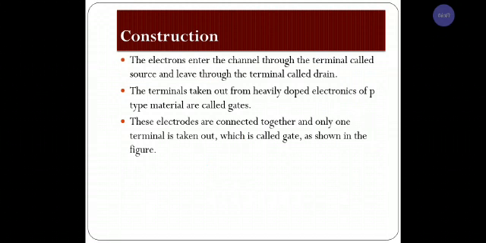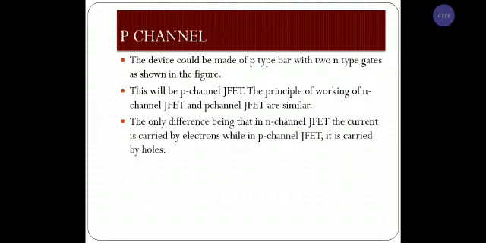The terminals taken out from the heavily doped electrodes of P type material are called gates. These electrodes are connected together and only one terminal is taken out, and that terminal is named the gate, as shown in the figure.